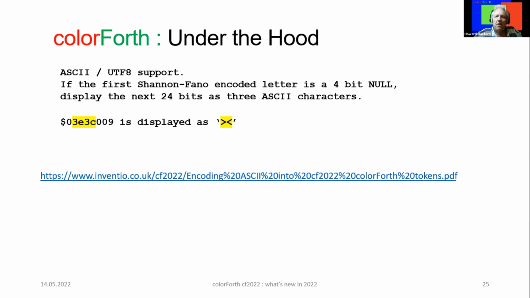So what I do is I detect it, and I say, okay, if the first 4-bit value of my token is a null, all zeros, then I will take the next 3 characters as ASCII or UTF-8, whatever you want. You're into the 8-bit world of normal characters.